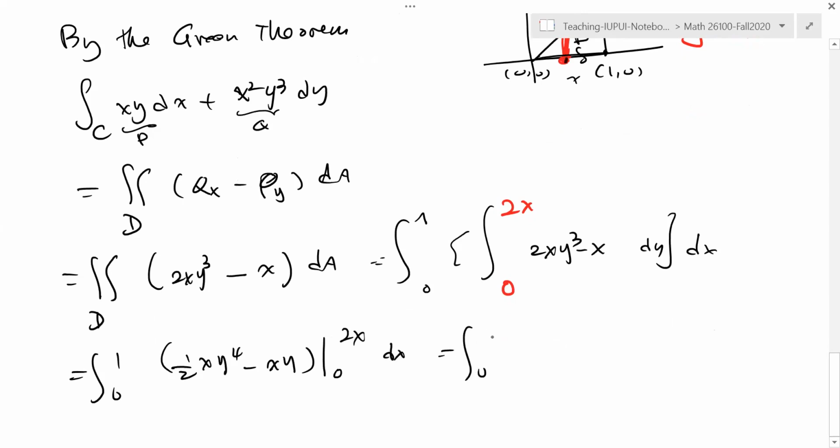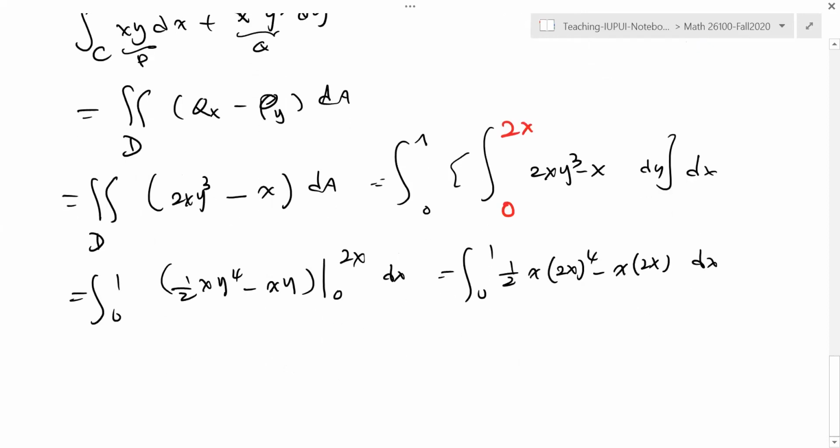You plug 2x in for y, 2x to the 4th power. 2 to the 4th power is 16. 16 divided by 2 is 8. So 8x to the 5th minus 2x squared dx.